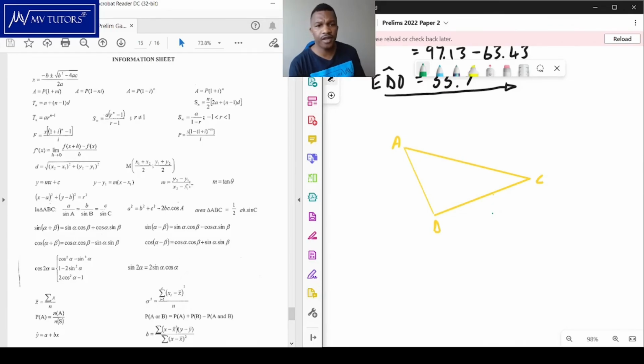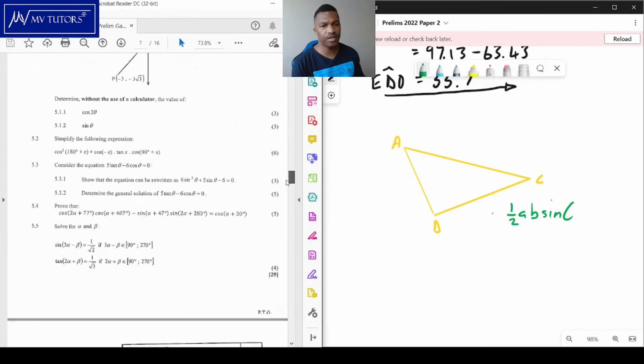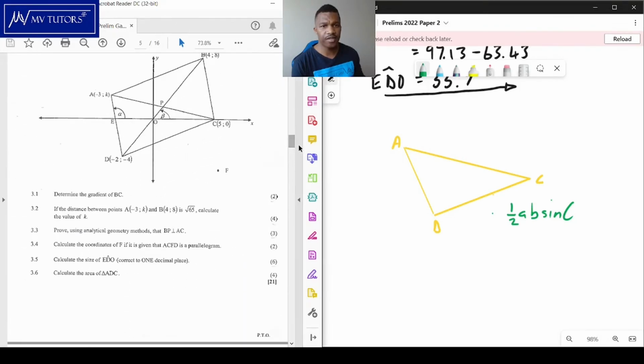The formula for the area of a triangle that we're working towards is half ab sine C. It uses an included angle, meaning, for example, if we use the angle of A, we have to use this distance of AC, which is small d, and this distance of AD, which is small c.